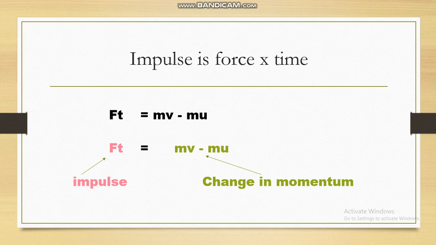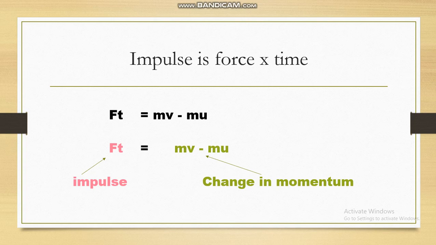Let's look at impulse force. Impulse is force times time. When an object hits another one, the force with which it hits that object and the time it took is called impulse.